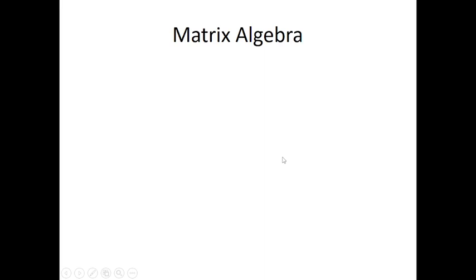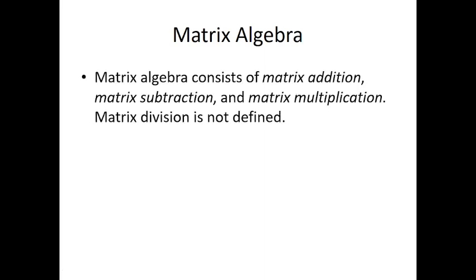Alright, then we have matrix algebra. So matrix algebra consists of matrix addition, matrix subtraction, and matrix multiplication. So matrix division is not defined. That's the property of matrix algebra. Now, there can be matrix addition, matrix subtraction, matrix multiplication, but no matrix division.